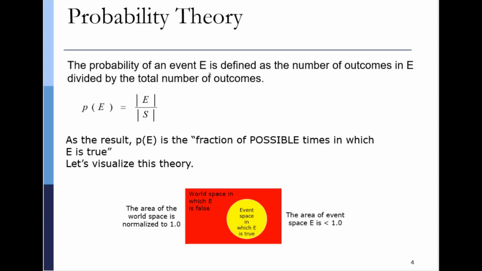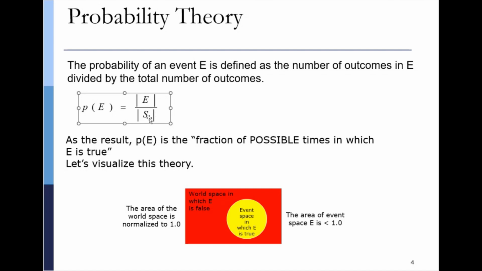So in probability theory, let's come back to the maths. Probability is defined by dividing the number of desired outcomes over the total trials. The bottom, S, is the total trials, the maximum number of times you try.